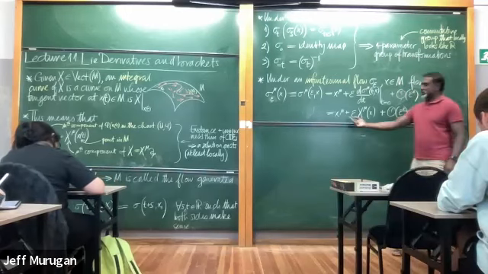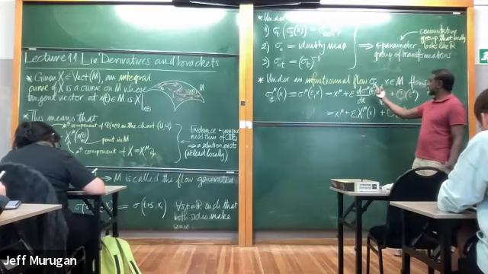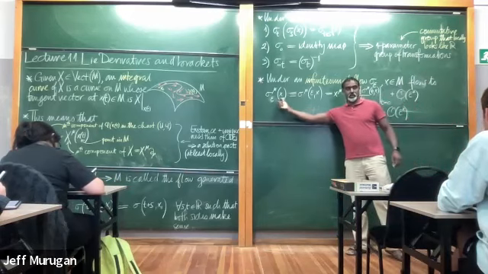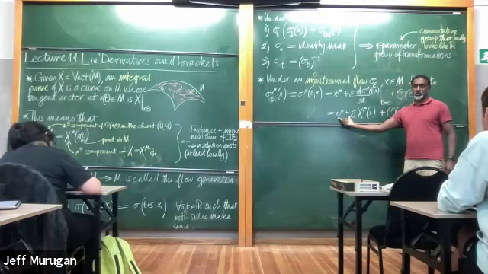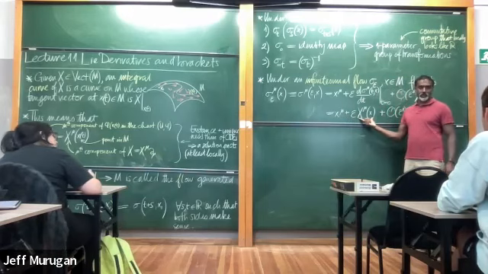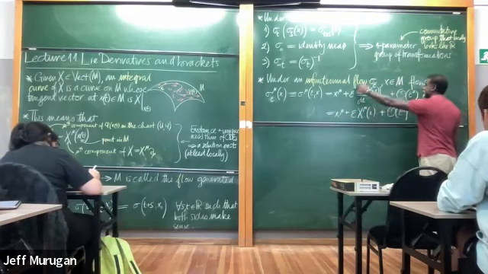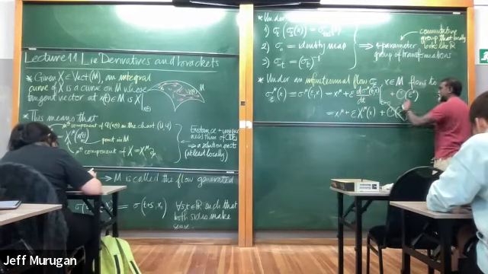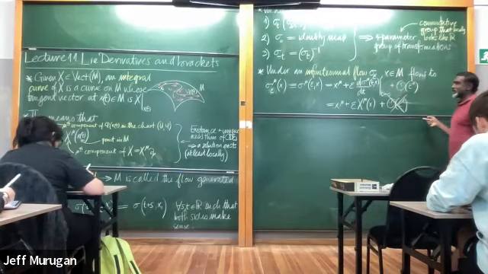So again, if I start with the point x mu, and I flow to the point sigma epsilon of x, then those two points are related by x mu plus epsilon, a small number, times the mu component of the vector. Just because this is satisfied with the ODE. And I'm going to drop these terms in general because I'm going to assume that epsilon is small, epsilon squared I'm going to neglect.